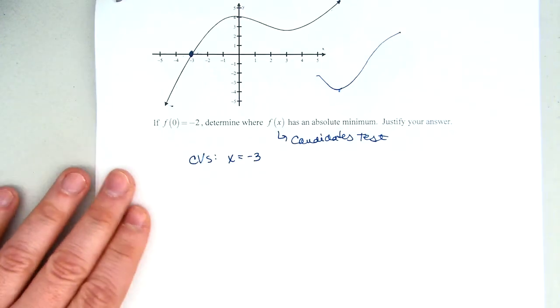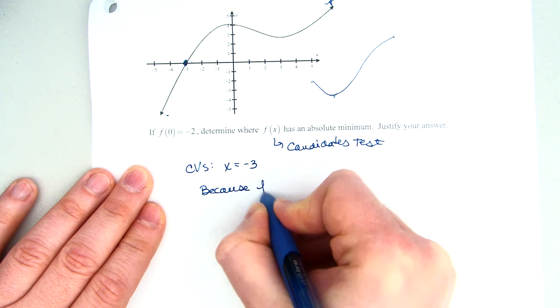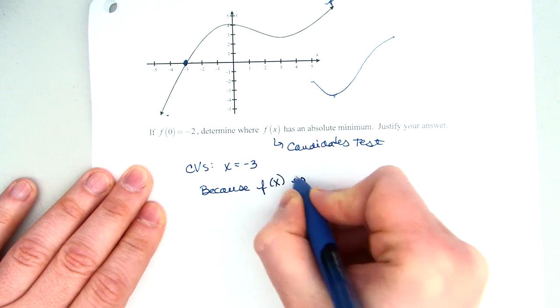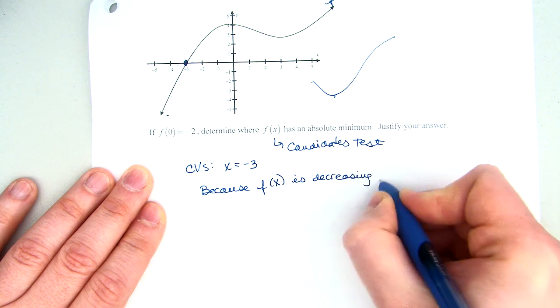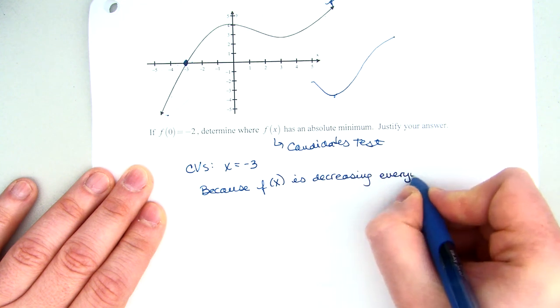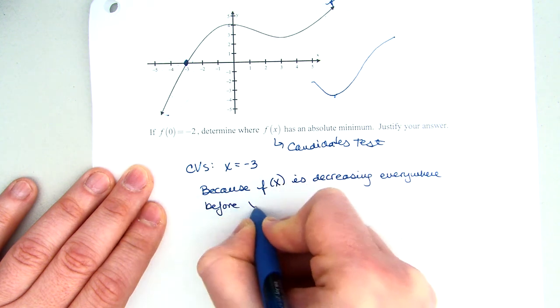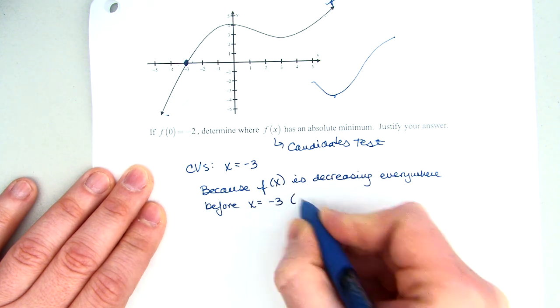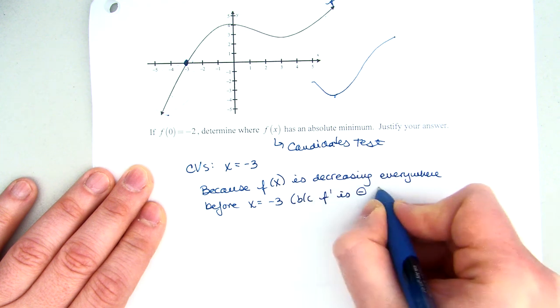Let me write this out. Because f of x is decreasing everywhere before x equals negative 3. Why? Because f prime is negative there.